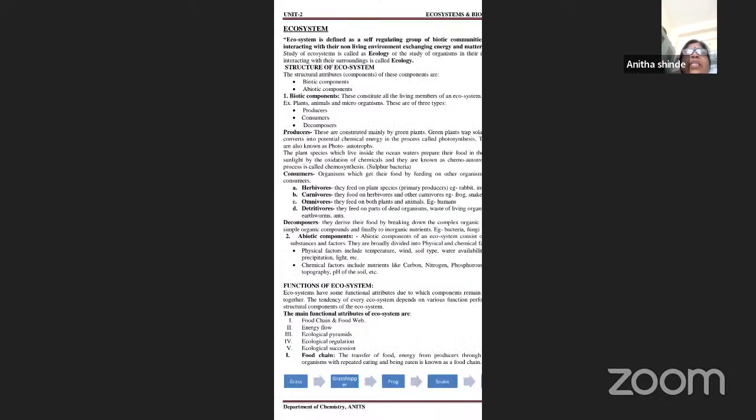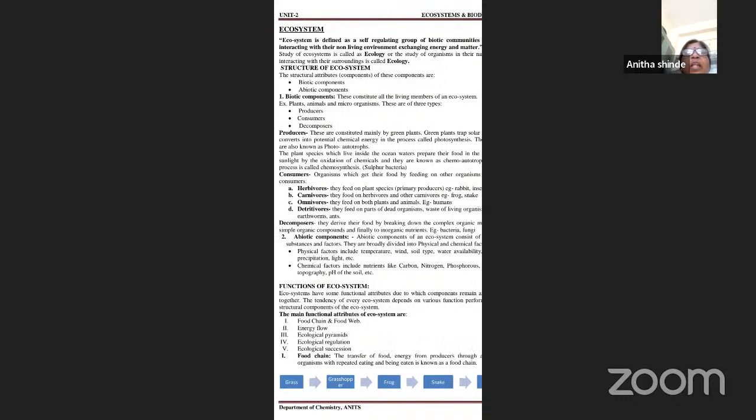It is a self-regulating group of biotic communities, that is communities of species, interacting with the non-living environment, exchanging the matter as well as the energy.